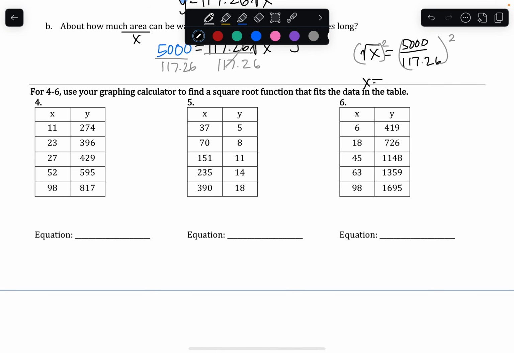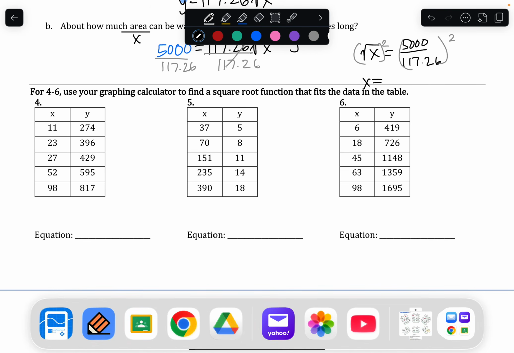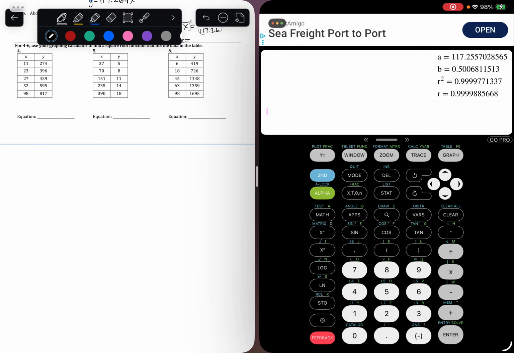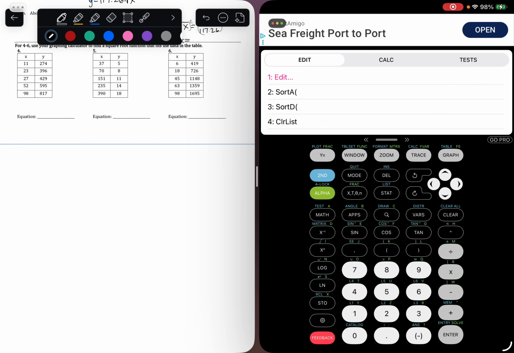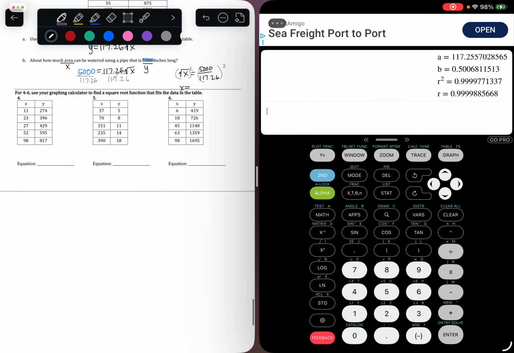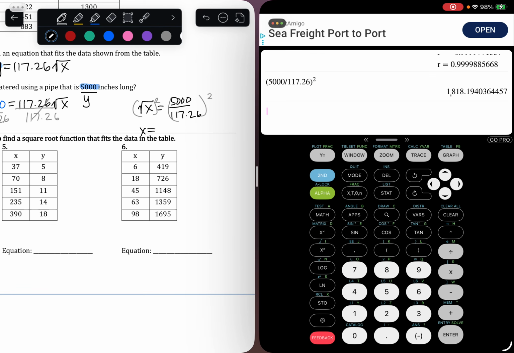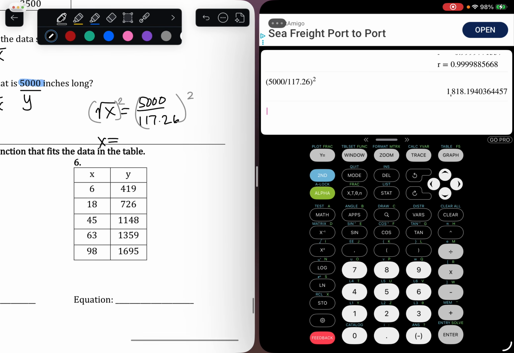And so x equals parenthesis 5,000 divided by 117.26 squared. 1,818.19.